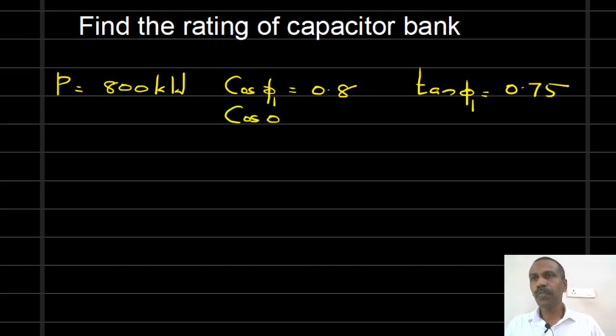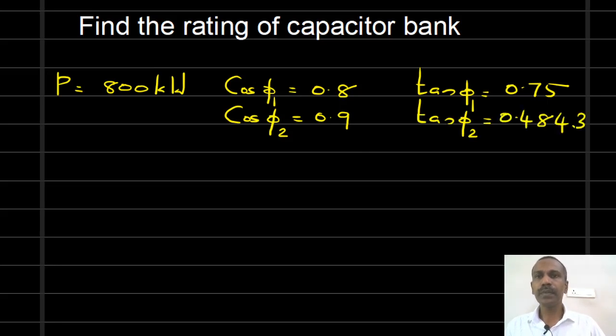We have to improve the power factor up to 0.9. So cos phi 2 is 0.9. We can find out the corresponding tan phi 2. It's equal to 0.4843.